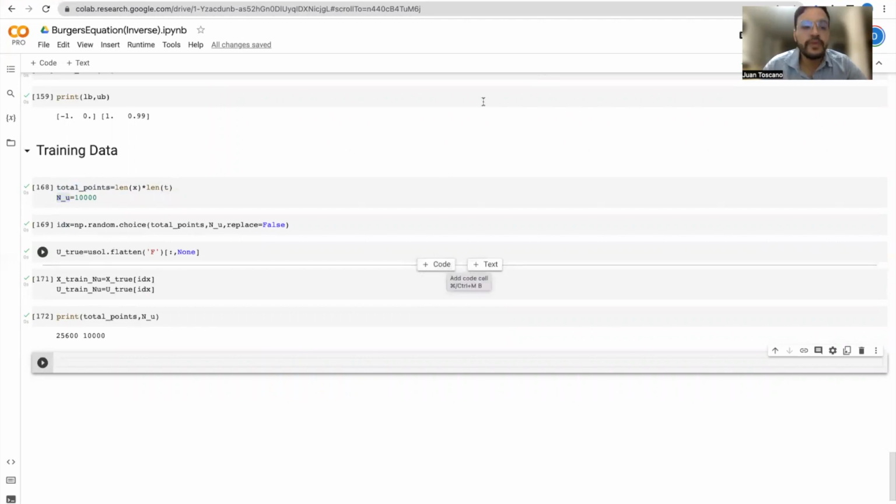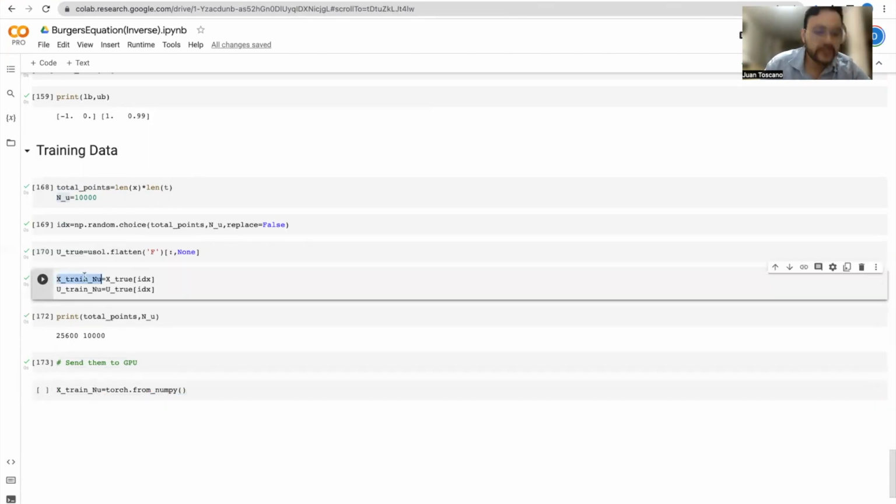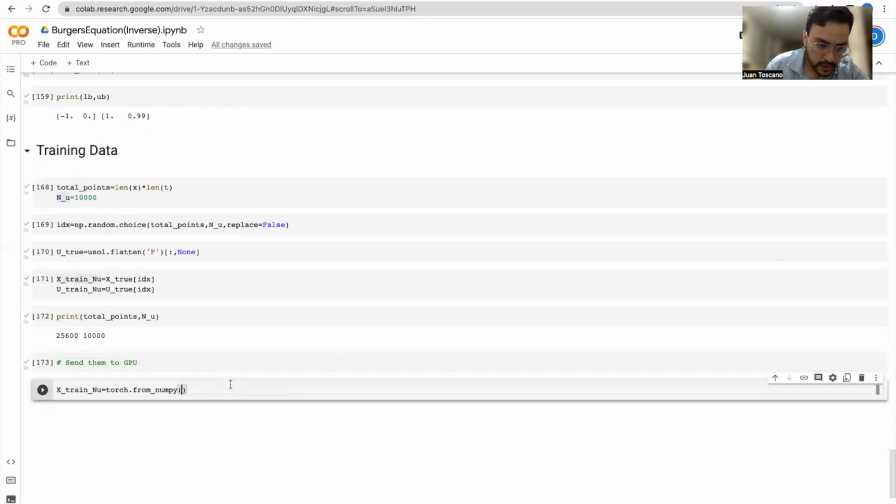Well, before that, we may need to take all of these arrays and send them to our GPU, or to our device, depending on what you're using. So, send them to GPU. Let's use X_train_Nu, which will be torch.from_numpy of X_train_Nu.